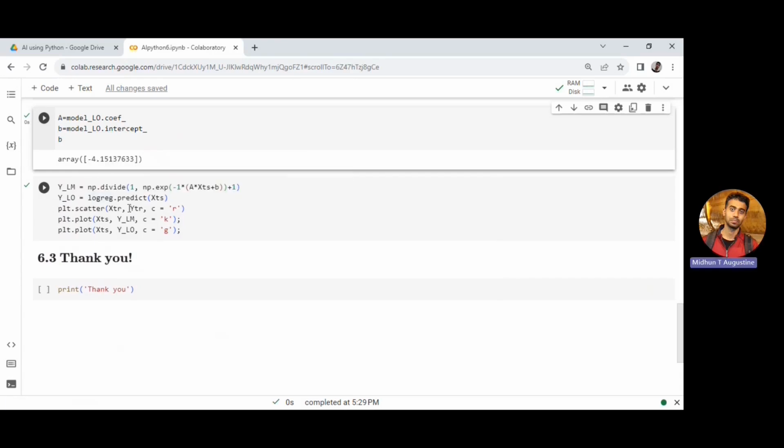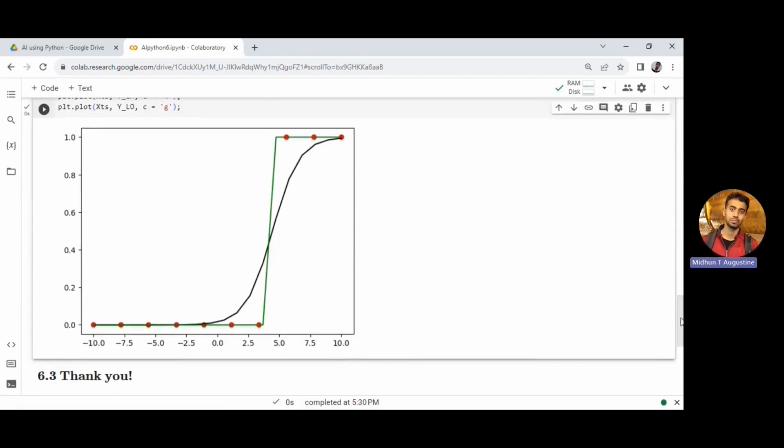Then we plot xtr versus ytr, xts versus y_lm, and xts versus y_lo. The red dots correspond to the training data, this black curve is the logistic function, which takes a value between 0 and 1, and this green curve corresponds to the predicted output for the testing data. Basically, if the logistic function output is greater than 0.5, we give the predicted output as 1, and if it is less than 0.5, we set the predicted output as 0. This we can also observe from here.